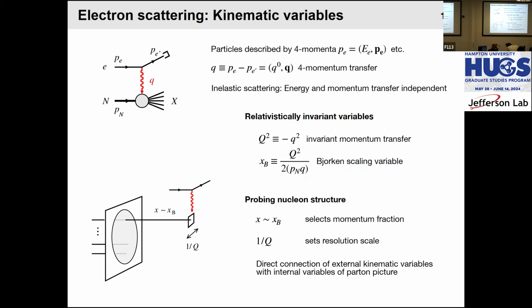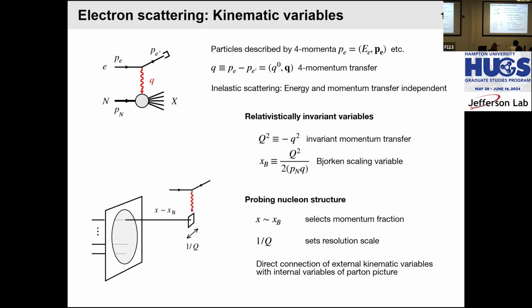And you will see that it's convenient to use such variables because they have a direct interpretation when we think of the hadron structure in the parton picture. So when we think about our parton picture now of hadron structure, the way in which these kinematic variables define what we probe in the system is as follows.